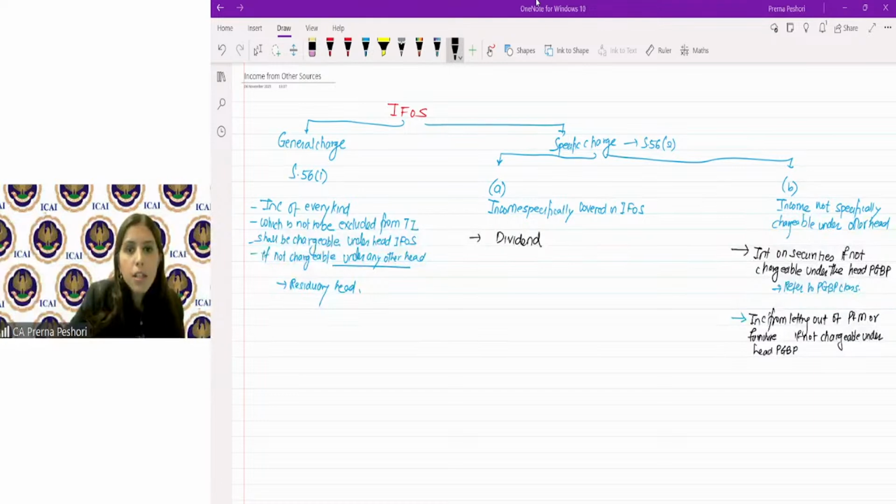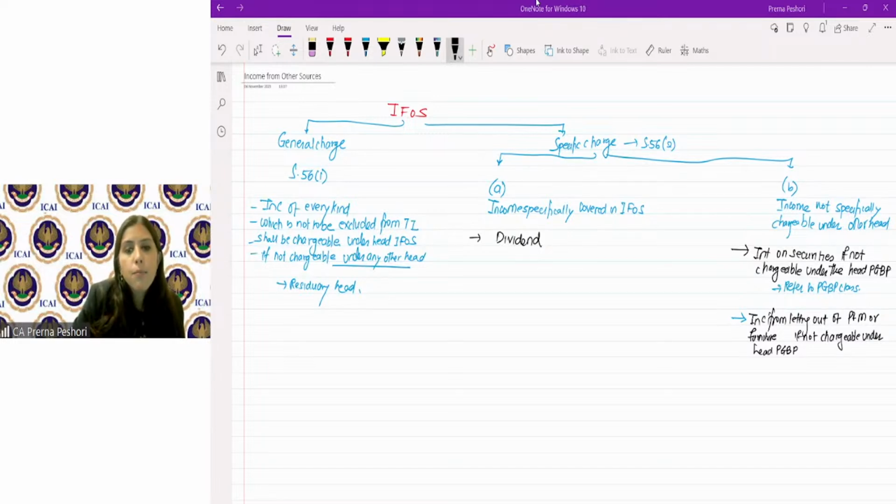So let's say, for example, if I have let out the plant and machinery because there was some strike of the workers. So in order to minimize the business losses, I let out the plant and machinery for the time being. So whether it will be PGBP or income from other sources, letting out of plant and machinery. Yes.